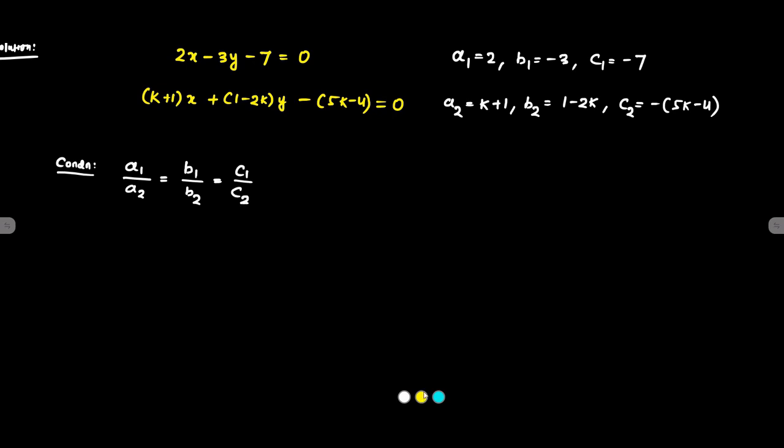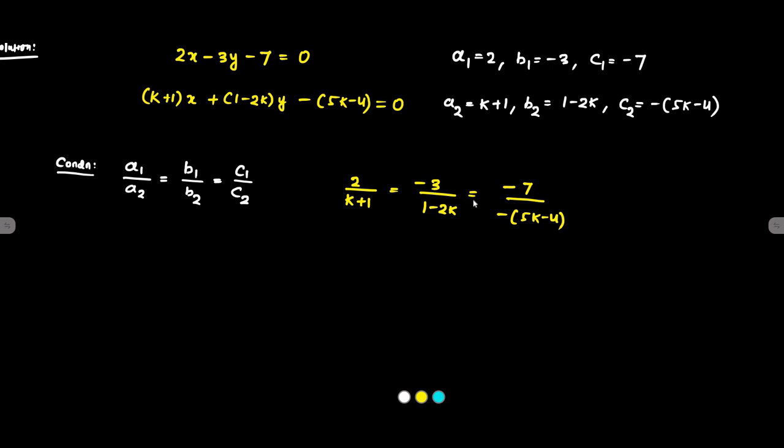So we should have 2 by k plus 1 equal to minus 3 by 1 minus 2k equal to minus 7 by minus 5k minus 4. This is the condition.